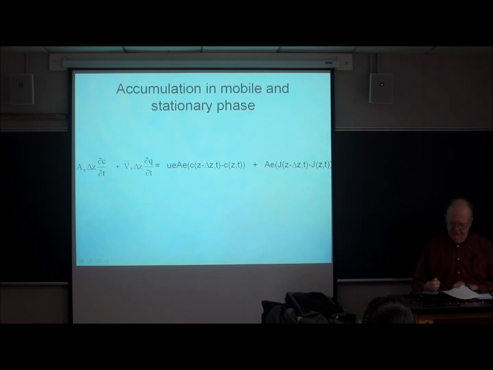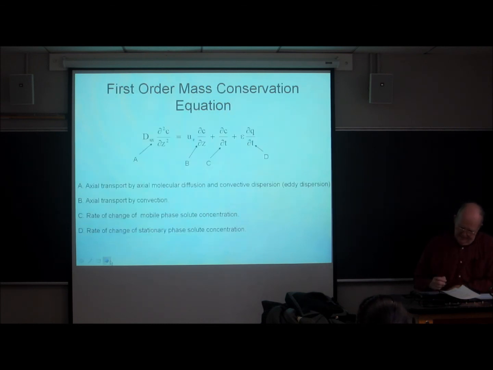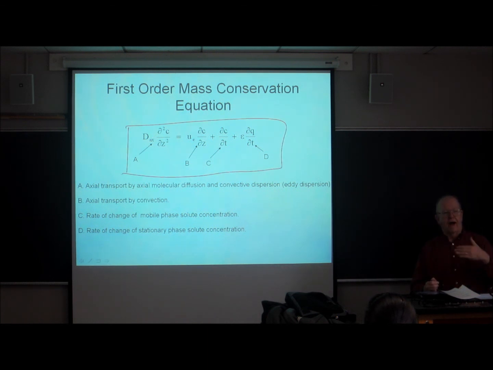That's my net transport. I let delta Z go to 0. And I wind up with this partial differential equation. And this is my diffusional flux. If I write it in diffusion and then cancel out common terms, this is my net transport equation into and out of that element of volume.